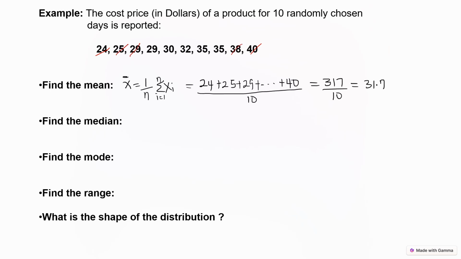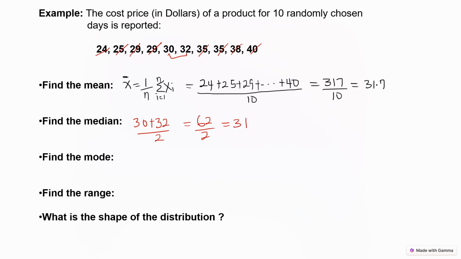You cancel out 29 and 35, then you get the two middle values. The median is the average of those values, which is 30 plus 32 divided by 2, which is 62 over 2, and that gives 31.